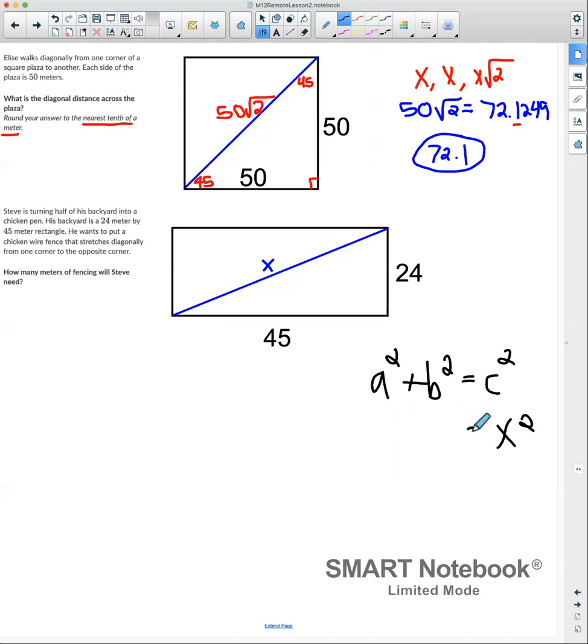So we have 24 squared plus 45 squared. 24 squared is 576, and then 45 squared is 2025. When you add the two together, you get 2601.